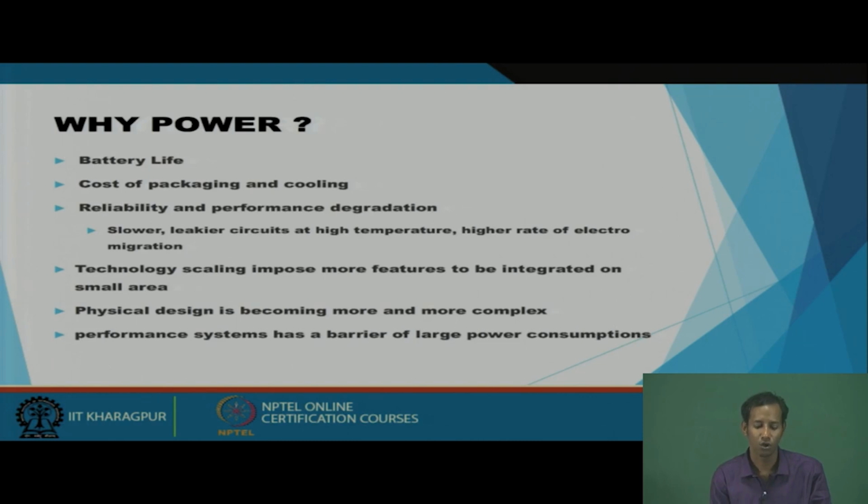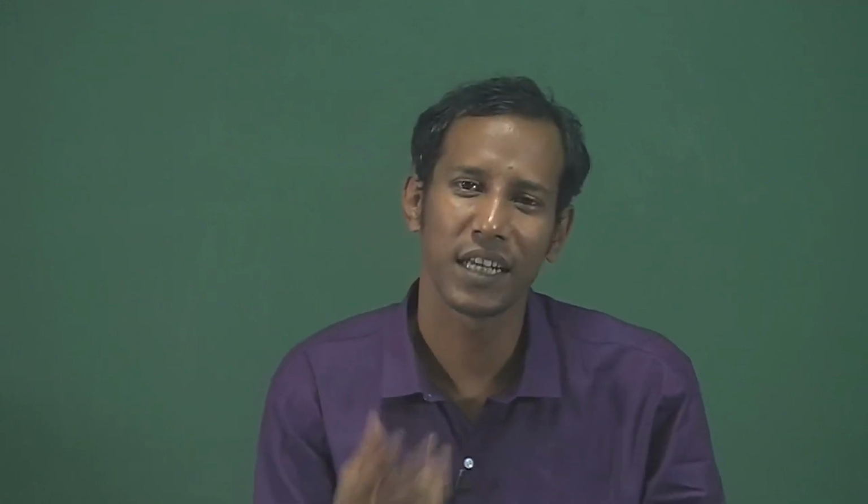Then there is the cost of packaging and cooling. What is the meaning of this line? Suppose you are using a mobile phone and playing some games. If your graphics processor or mobile processor is consuming too much energy, the corresponding circuit will also heat up more.